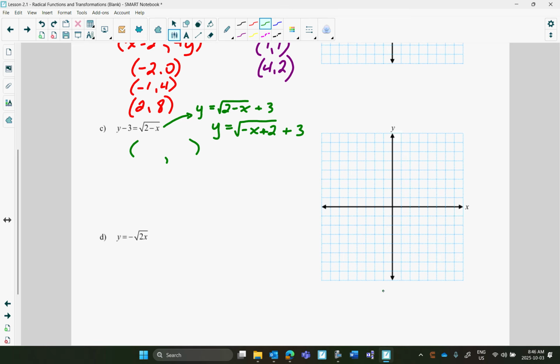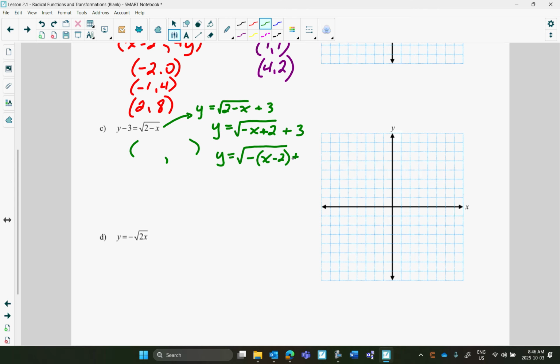Whenever we have a horizontal shift, and if there's something in front of the x, don't we need parentheses? Doesn't that mean we have to factor? I have to factor out a negative 1 to be left with x minus 2.